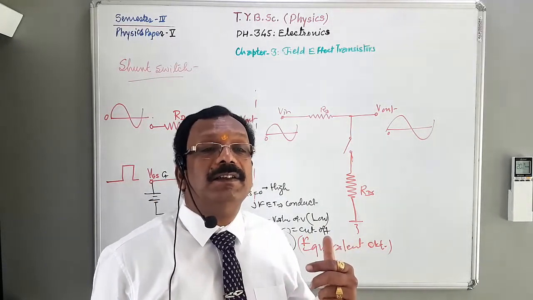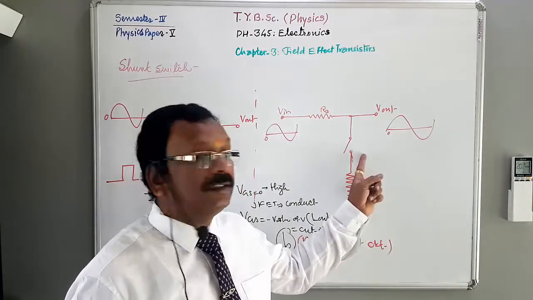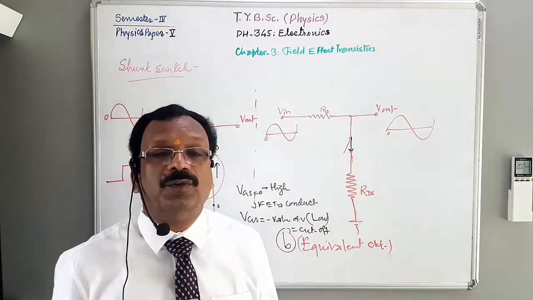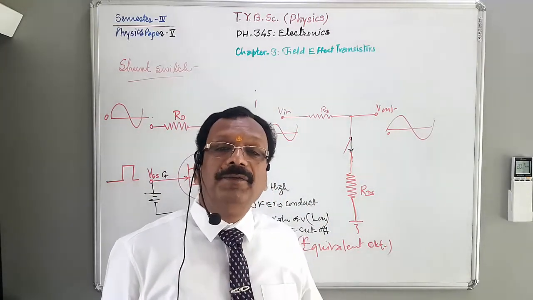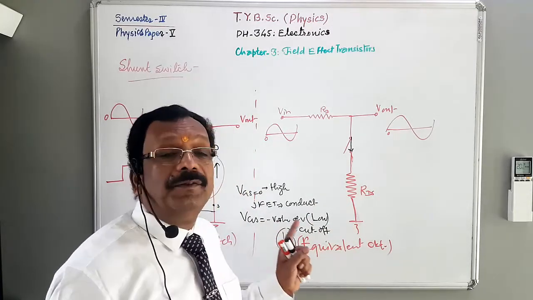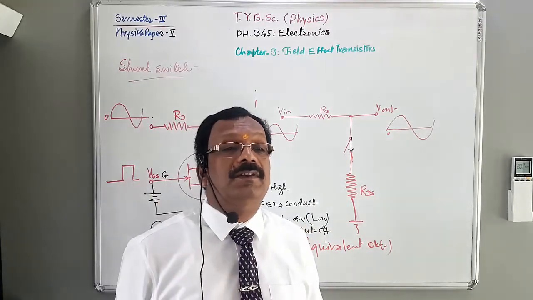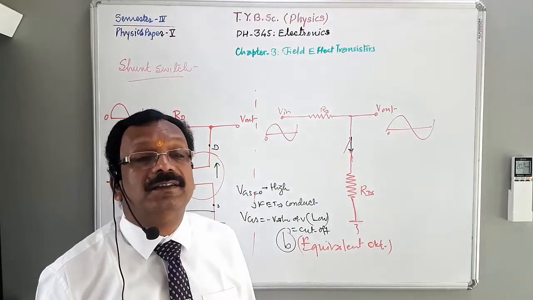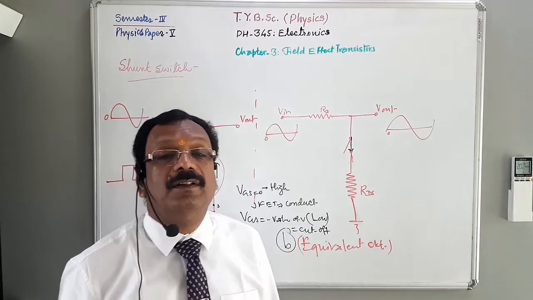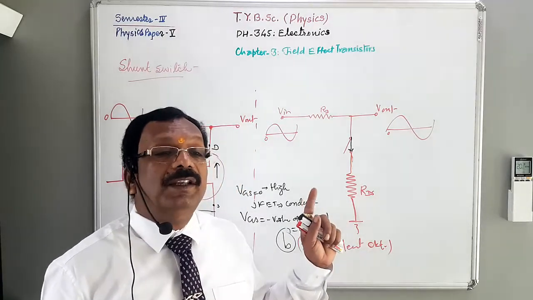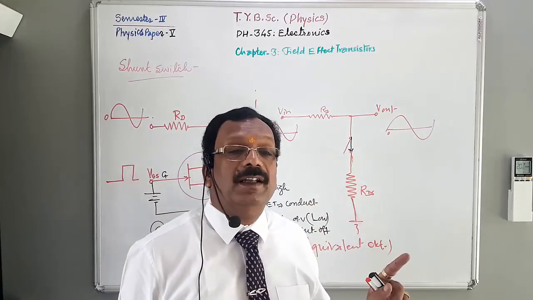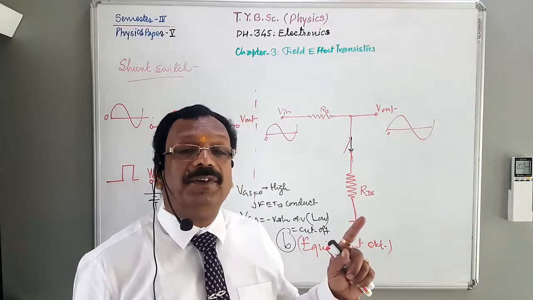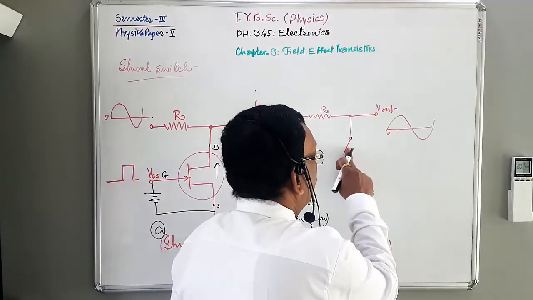In this situation the switch is closed. When VGS is low, that is, VGS has a minus value, the JFET is cut off and does not conduct. Therefore V out is equal to V in, and the switch is open like this.